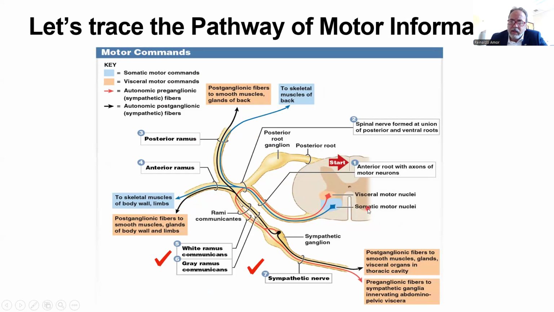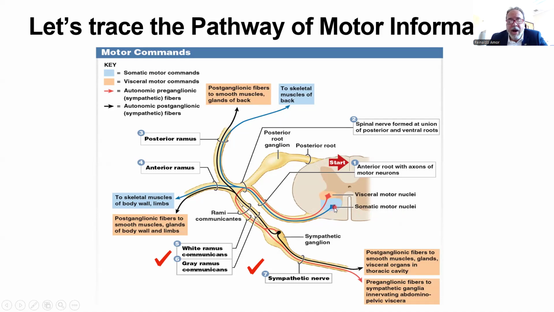So we have somatic motor commands that are going to be sent by somatic motor neurons located in the spinal cord, in the gray matter of the anterior gray horn. So this one, to distinguish it from the other one, is in blue, a different color.